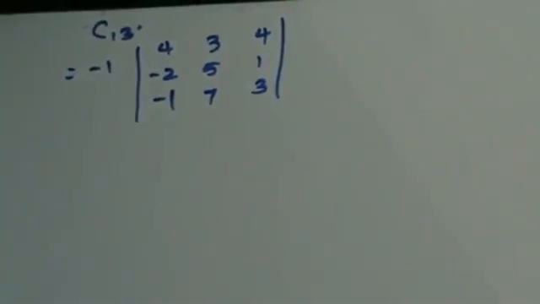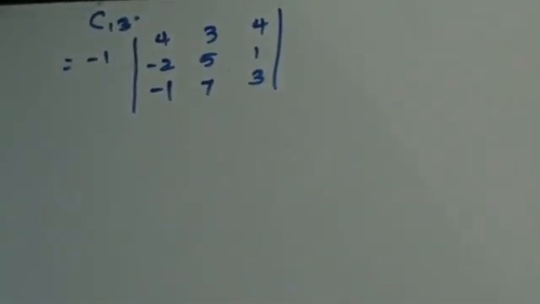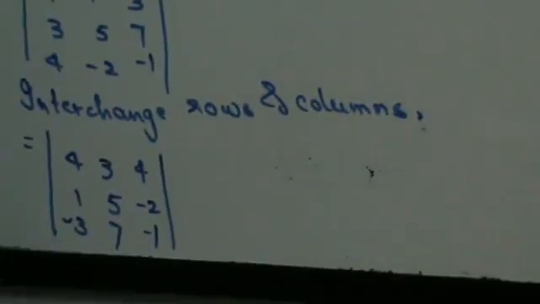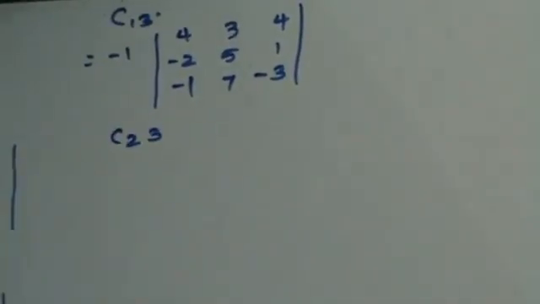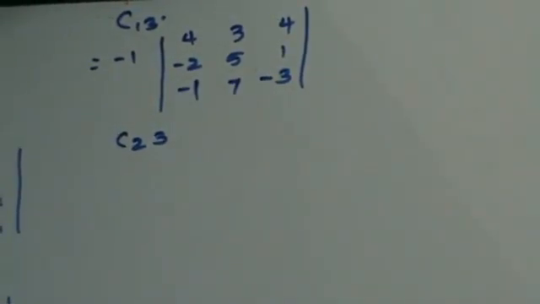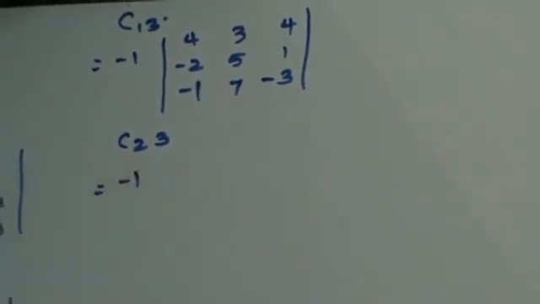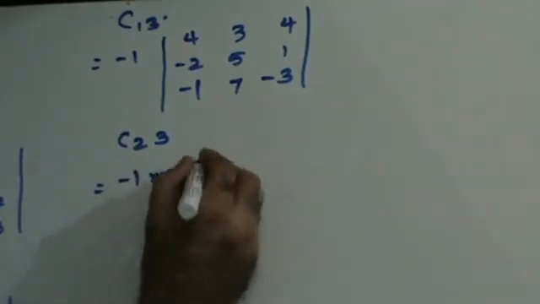Now if you look at your right hand side, 4, 1, minus 3 should be my second column. So I'm going to interchange second and third column. Since I'm interchanging only columns, I'll have to multiply by a minus 1.